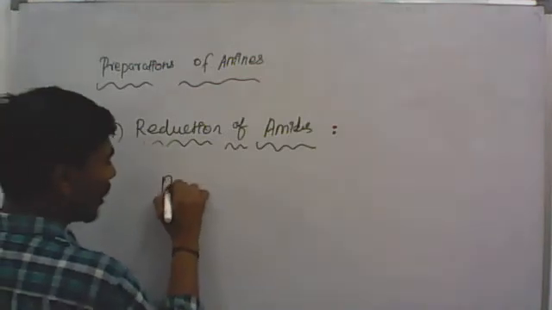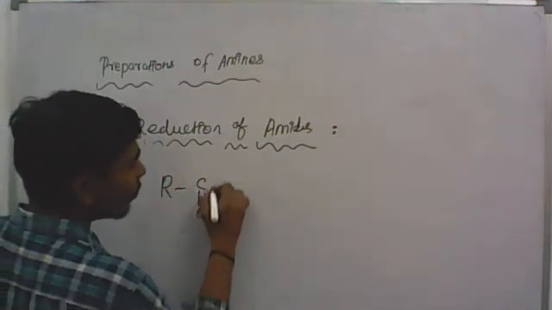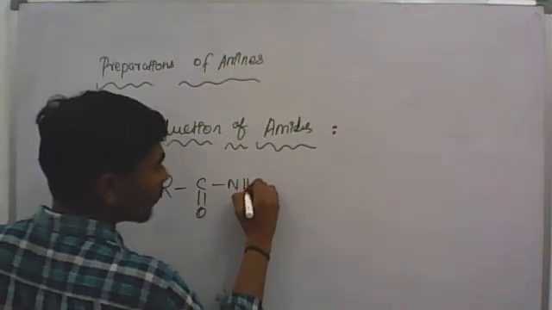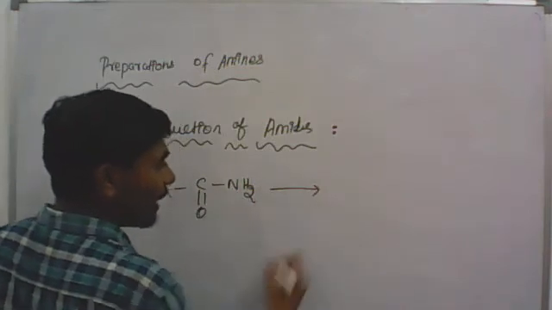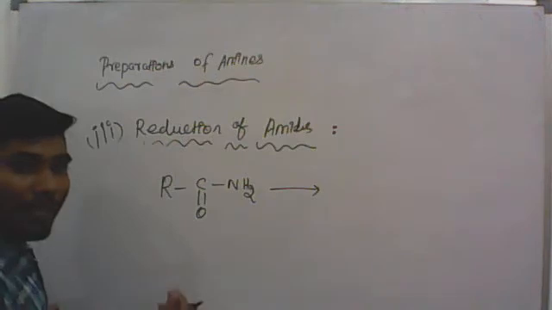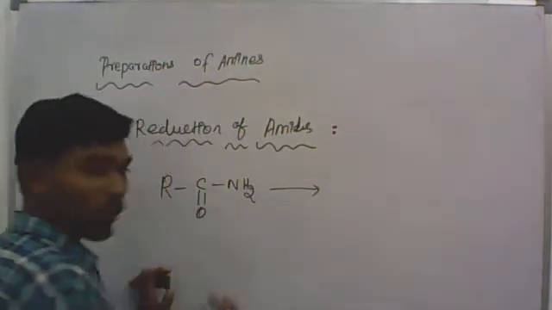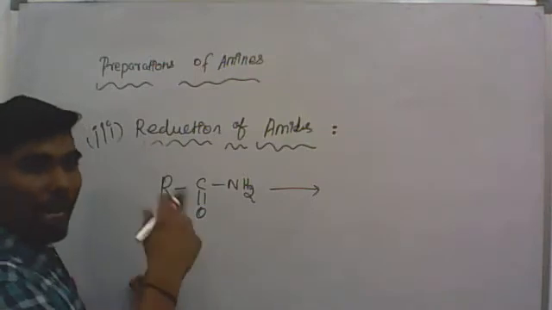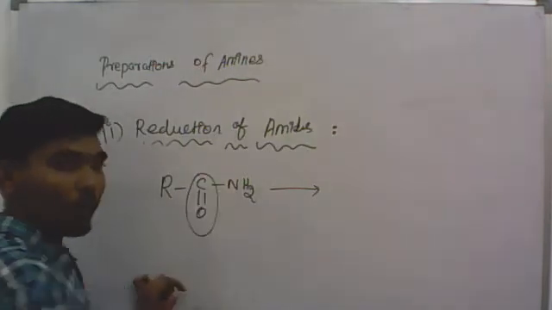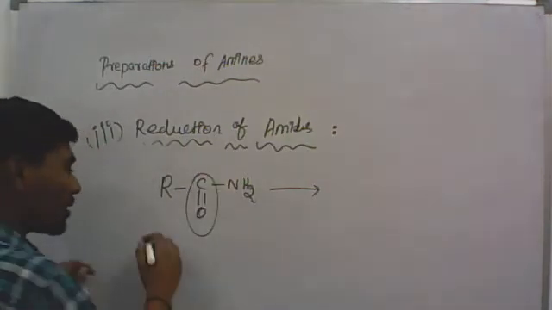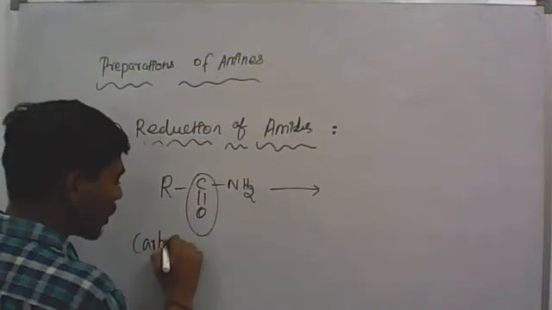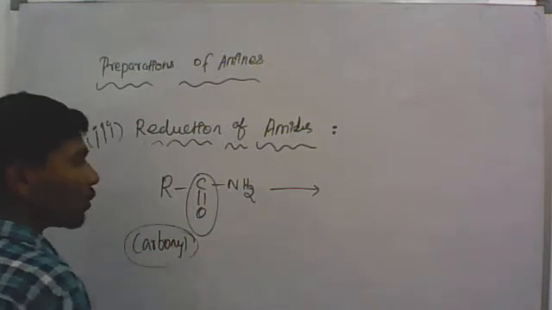See here, R C double bond O NH2 is an amide. Here we are using lithium aluminum hydride, a strong reducing agent. Generally it is used to reduce the carbonyl functional group. C double bond O is the carbonyl group.